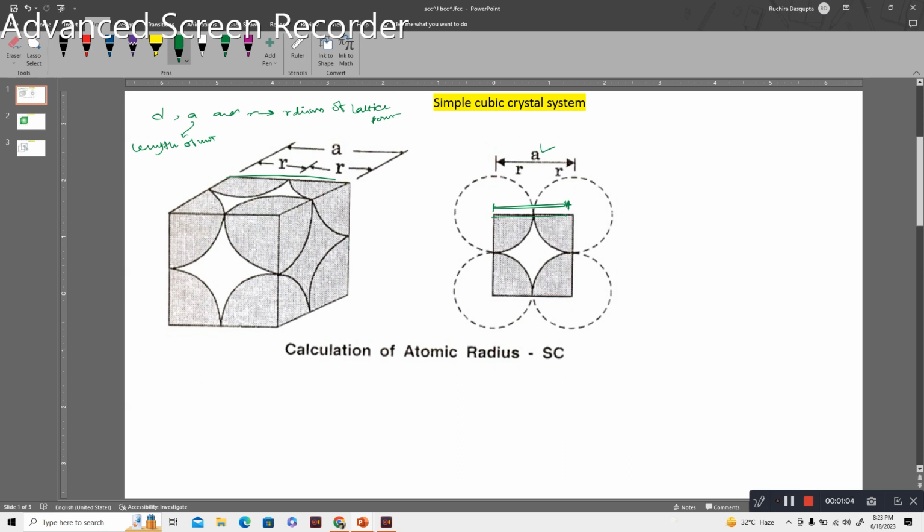So here the edge length is the length of the unit cell, or we can say this is the cell constant, also known as the cell parameter, lattice constant, or lattice parameter, etc.